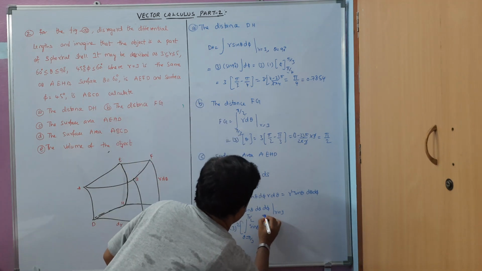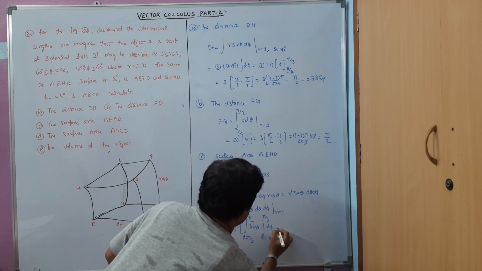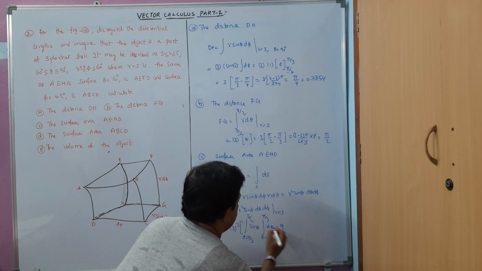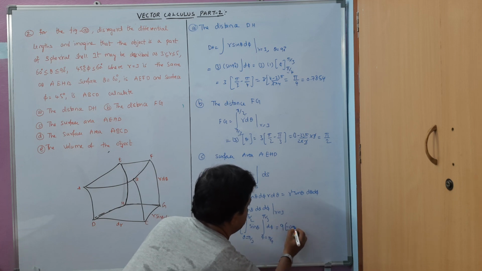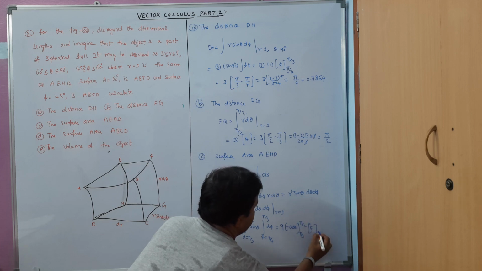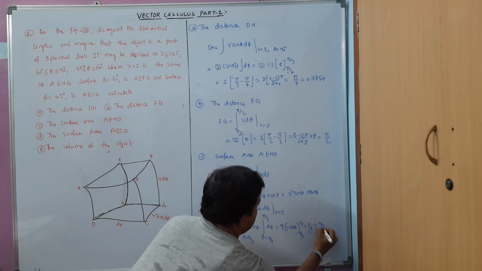So this gives me 9 times minus cos theta from pi by 3 to pi by 2, and d phi gives phi from pi by 4 to pi by 3, and so on.